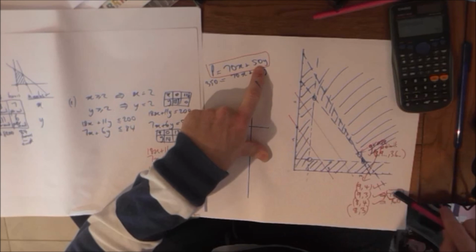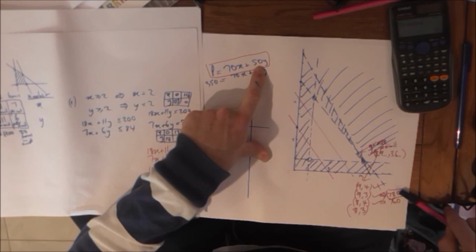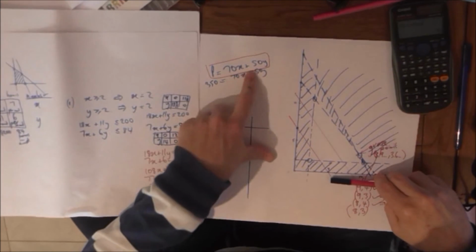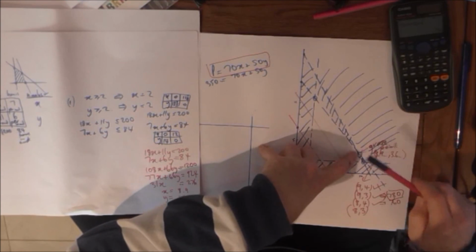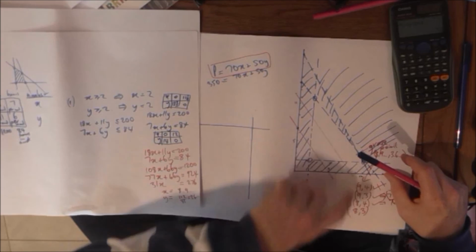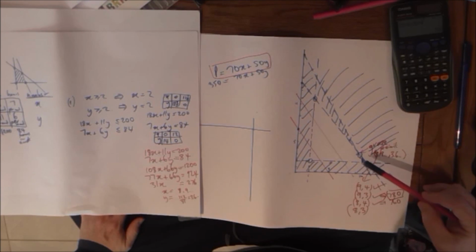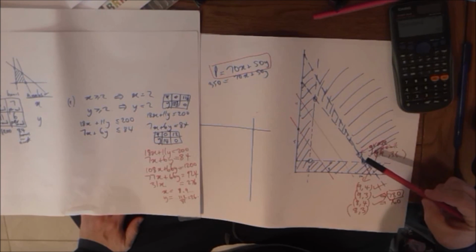And I picked the highest one. Now, if this profit function had been even slightly different, that wouldn't have been the Gray's point, that one would have been, or that one would have been, in which case I would have taken integer coordinates close to those, and not that one.